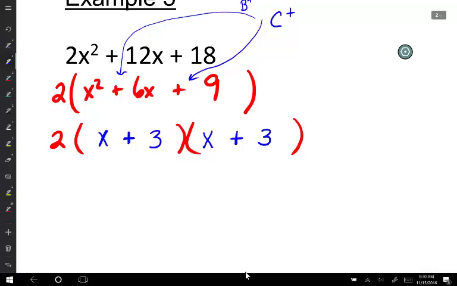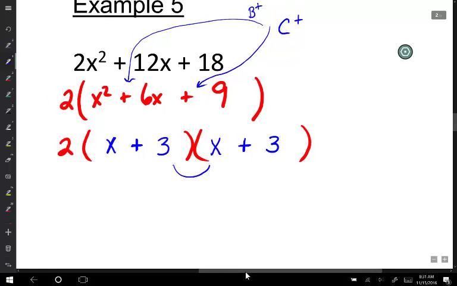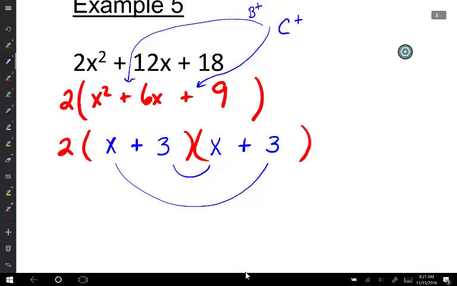There we go. Now we're not quite done, but a question for Zach. Do we just ignore the 6x in that situation? Well, we don't really, because if you were to FOIL this, Zach, you would see there's 3x there and 3x there, which gives you the 6x. So we're not ignoring it. It's actually a big piece of the problem. Does that make sense?